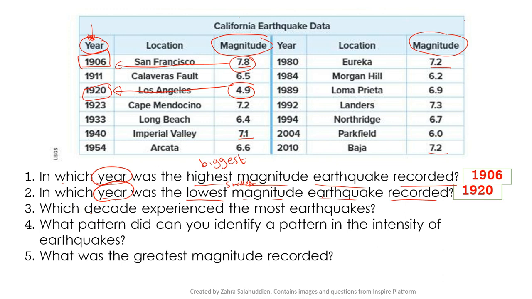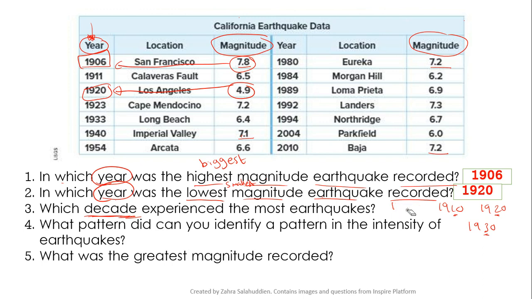Another question. Which decade experienced the most earthquakes? A decade is when we count our years in tens. For example, we would have 1900, 1910, 1920, 1930. All the numbers that are in the 1900s would be in the decade 1900.